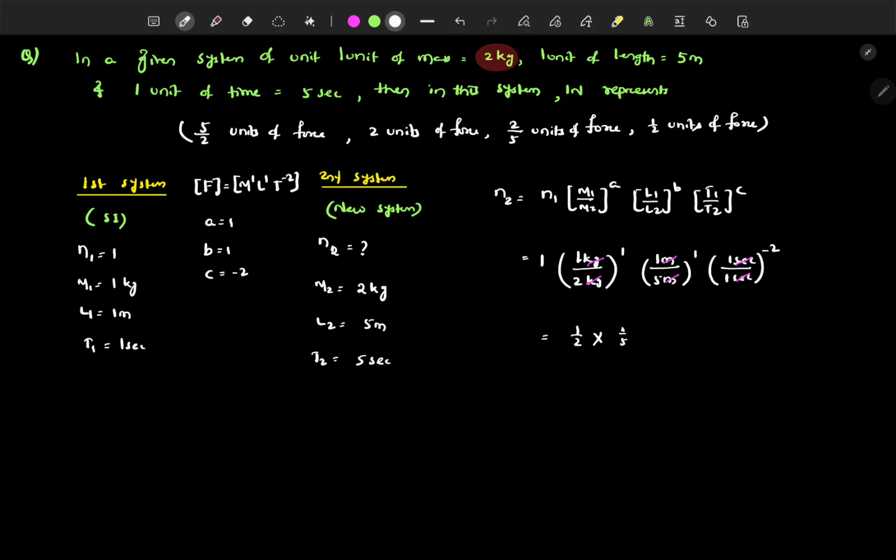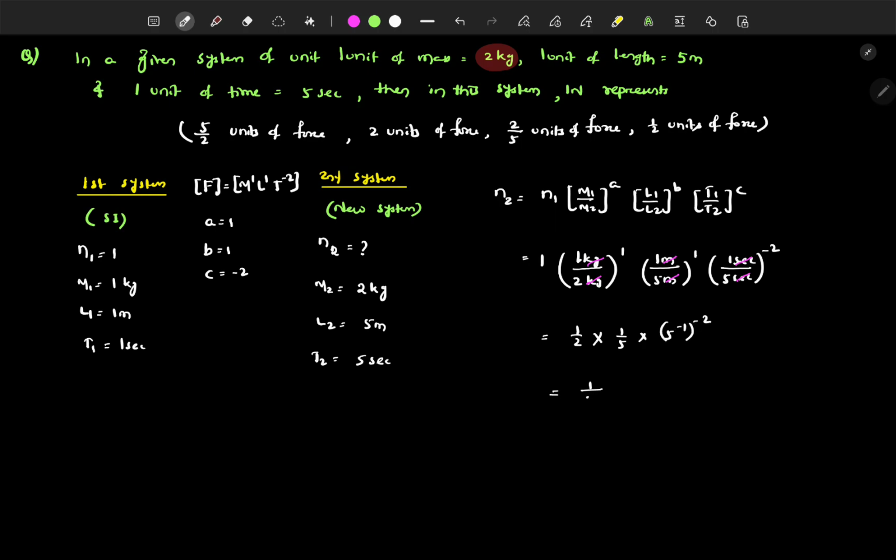Here what is the T2 value? The T2 value is 5 second. We have written 1 second, but this is your 5 second. So after solving, you will get 1/2 to the power 1, that is 1/2, then 1/5 to the power 1, that is 1/5. Next is 1/5 to the power minus 2, where 1/5 means 5 to the power minus 1, whole to the power minus 2.